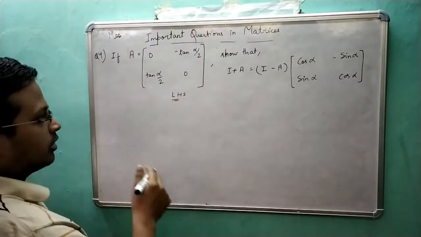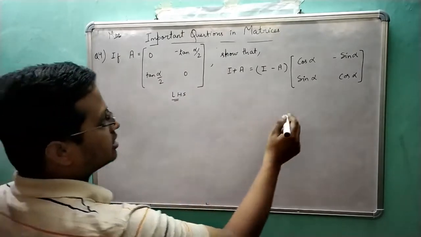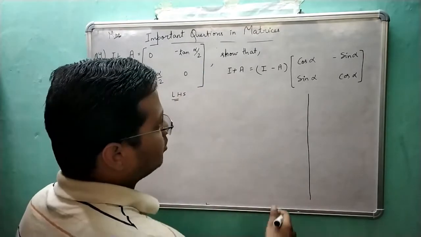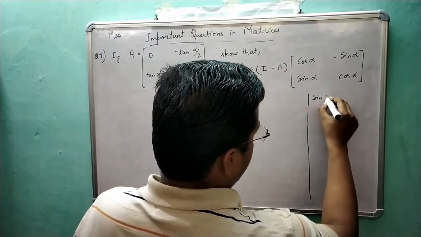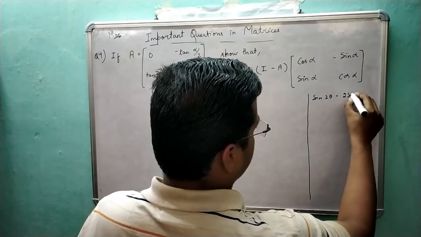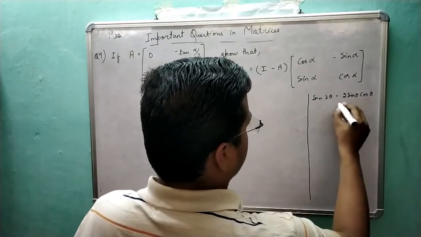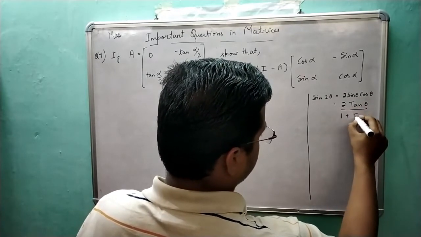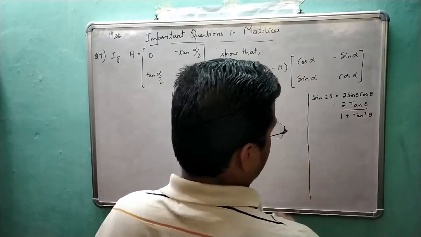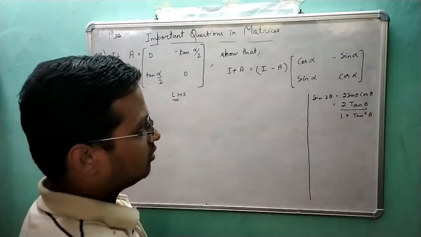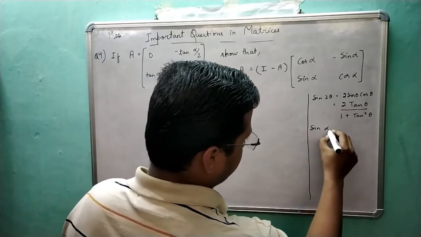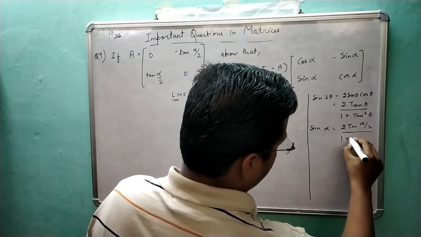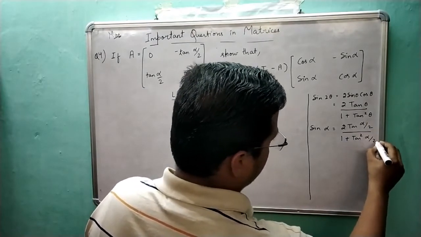Alright. Before starting from LHS, you must be remembering some trigonometry formulas. What are the important formulas here? As you know, sin 2 theta is 2 sin theta cos theta, and sin 2 theta is also 2 tan theta by 1 plus tan square theta. So using half angle, we can write sin alpha as 2 tan alpha by 2 by 1 plus tan square alpha by 2.